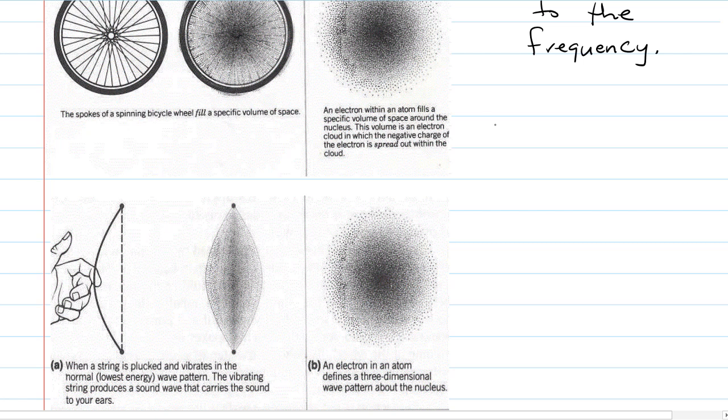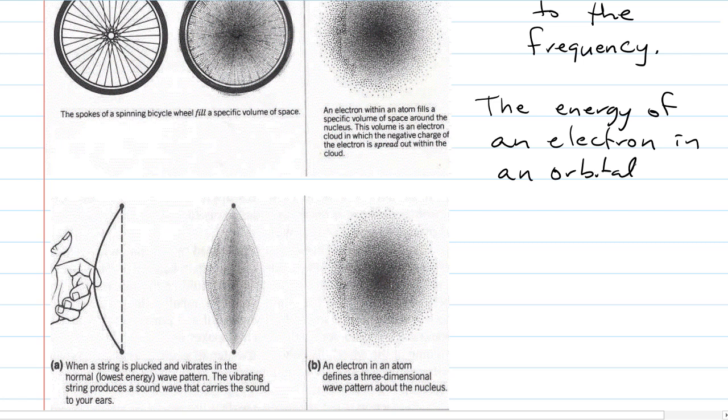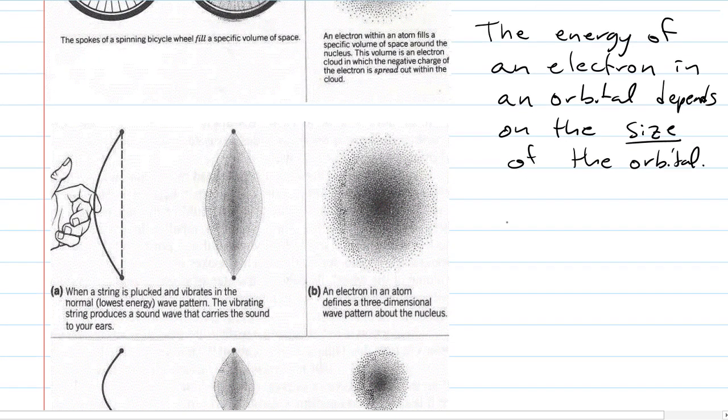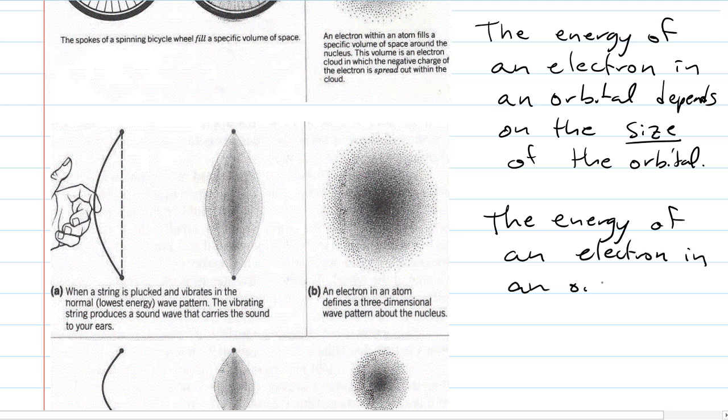First of all, we say that the energy of an electron in an orbital depends on the size of the orbital, and we can also say that the energy of an electron in an orbital depends on the shape of the orbital.